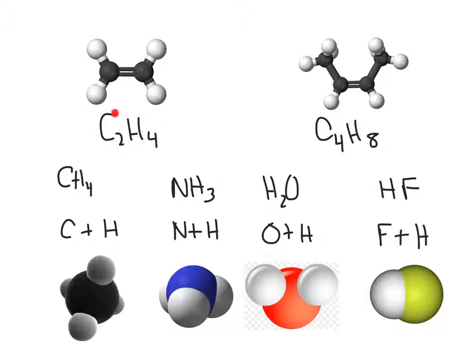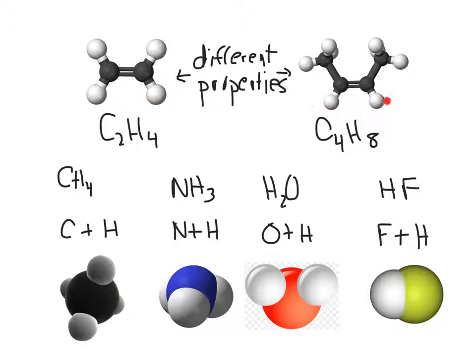So the lowest whole number ratio for these two compounds is exactly the same. However, they are very, very different compounds and have very different properties. Thus, to distinguish all covalent compounds from one another, we must use the total number of each type of atom in the compound to symbolize that compound.